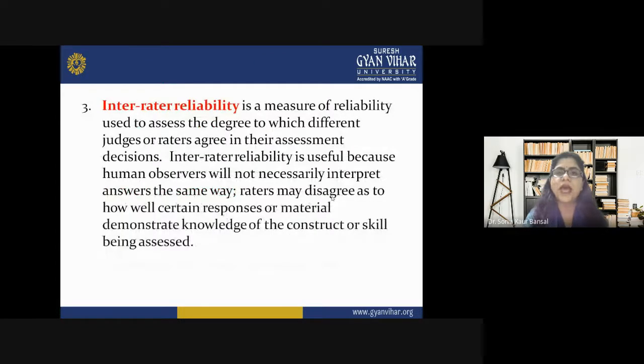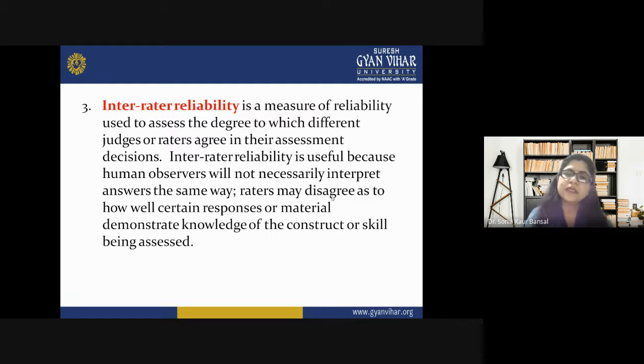Then the next type of reliability is inter-rater reliability. This is a measure of reliability used to assess the degree to which different judges or raters agree in their assessment decisions.